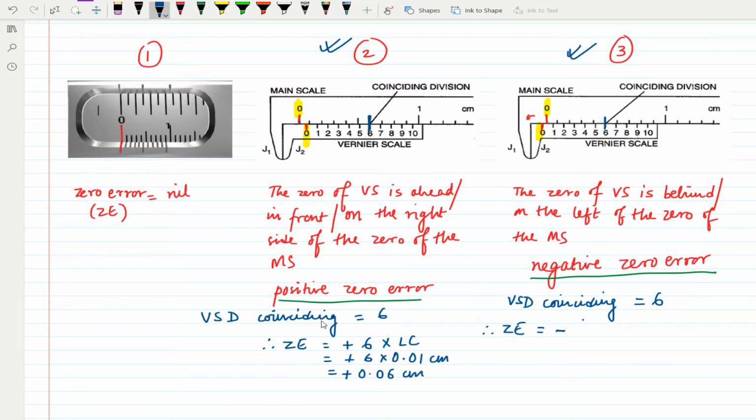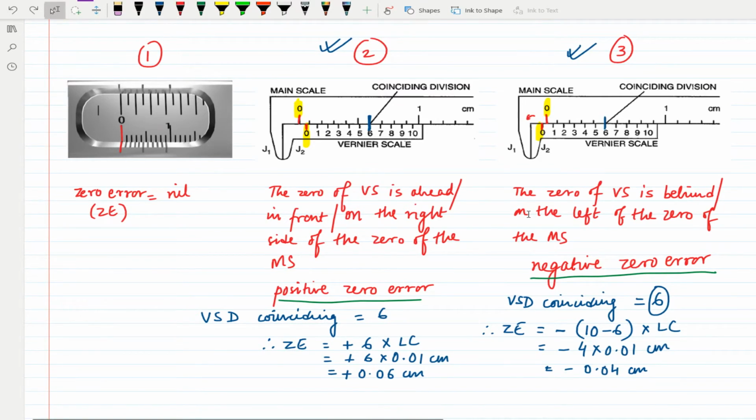Okay, and then you will subtract this division from the total divisions of the vernier scale. The total number of divisions on the vernier scale is 10, so I'll subtract it from 10, so 10 minus 6 and then into least count. Okay, so it will come out to be minus 4 into 0.01 centimeter, so it is minus 0.04 centimeter.